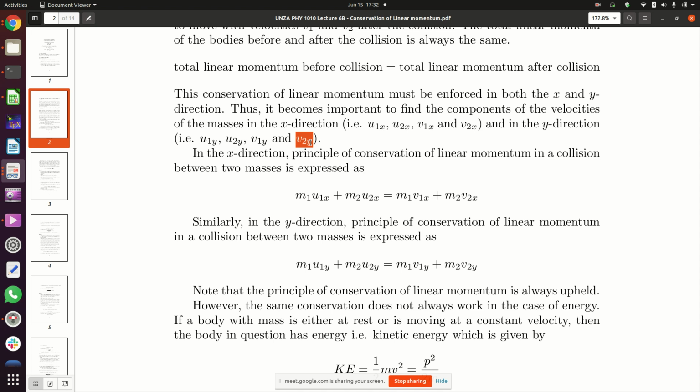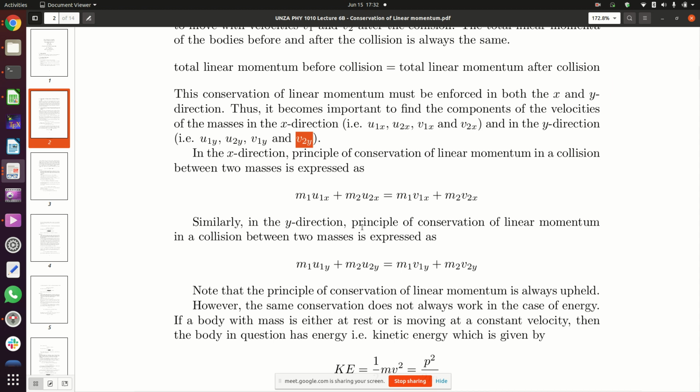For the first object after collision, you need to find out what is the x component of the velocity, what is the y component of the velocity. For the second object, you need to do the same thing. You find out what is the x component of the velocity after collision, and what is the x and y component of the second object velocity after collision.